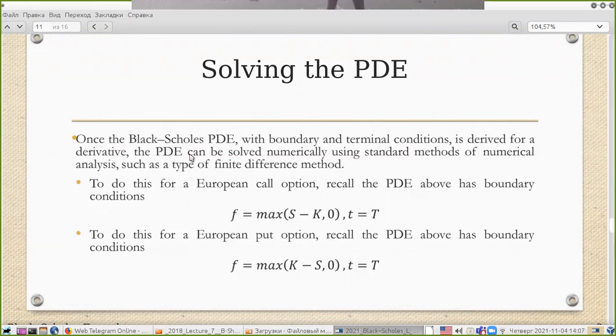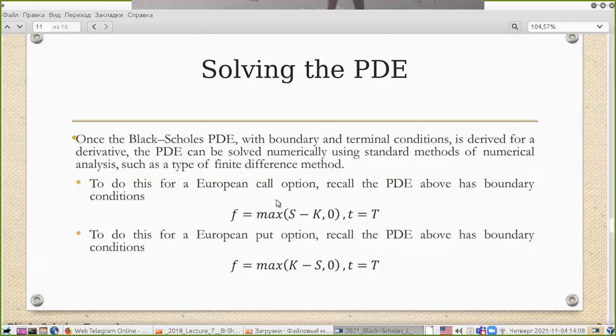In the common case, this equation can be solved numerically using standard methods of numerical analysis, for example the finite difference method. But we would like to get an analytical solution.